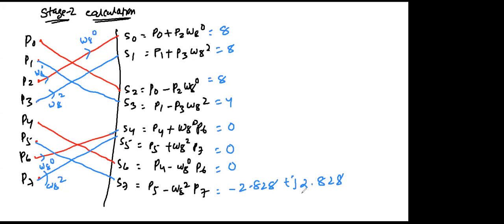Please note down. Use the equation, because P0 to P7 values from stage 1 are known to you, and find these stage 2 values.